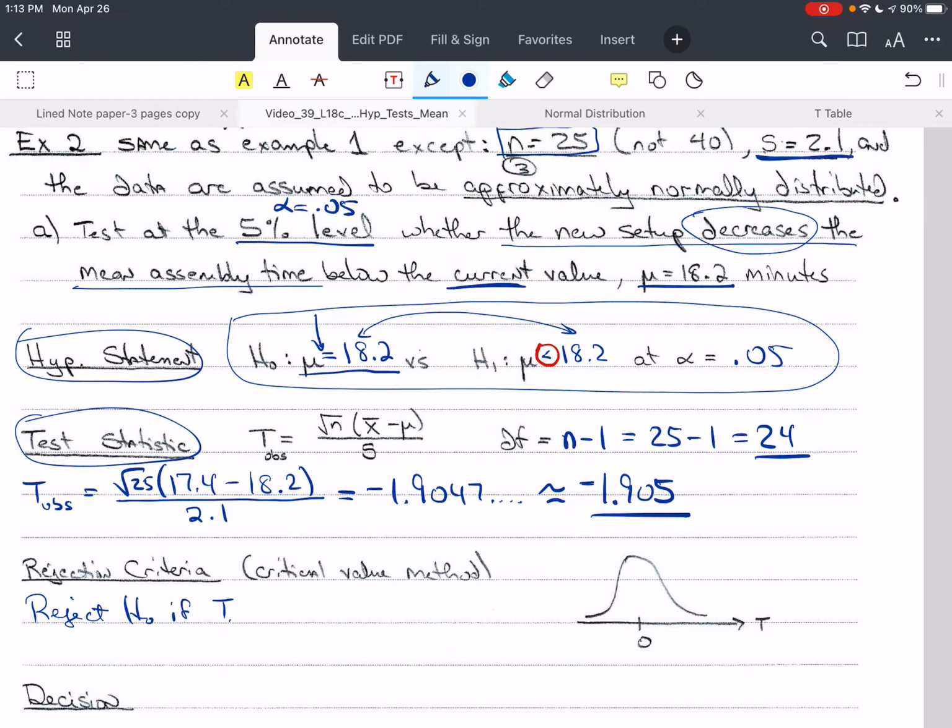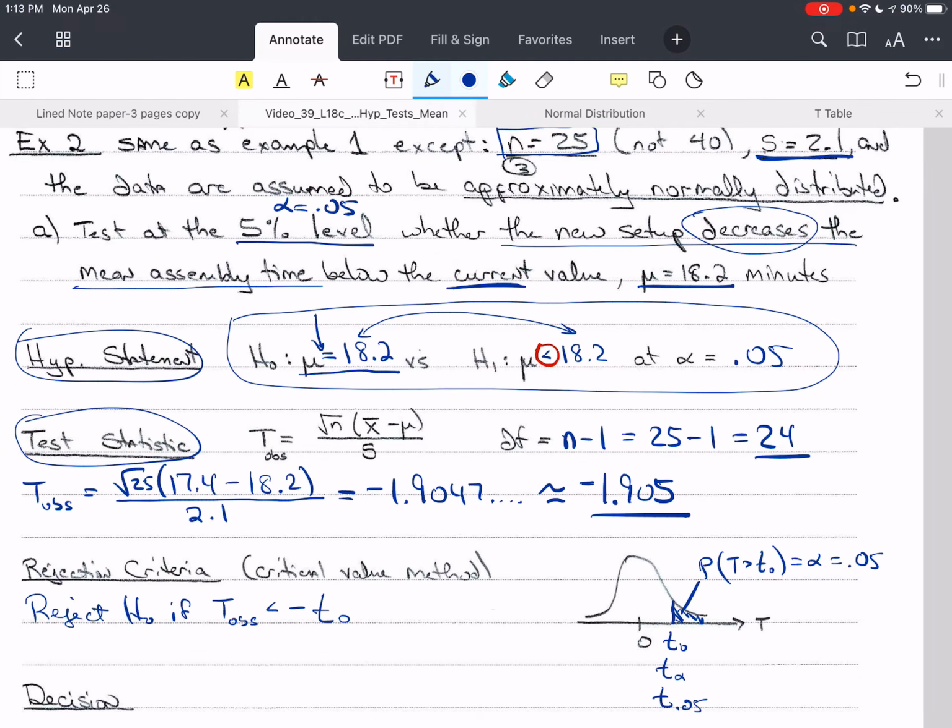It's going to be T observed is less than negative T naught. Now T naught is always a positive number, and because we need a one-sided test, we need the probability that T is greater than T naught is equal to alpha, which is 0.05. And so we need T of alpha, or T of 0.05.